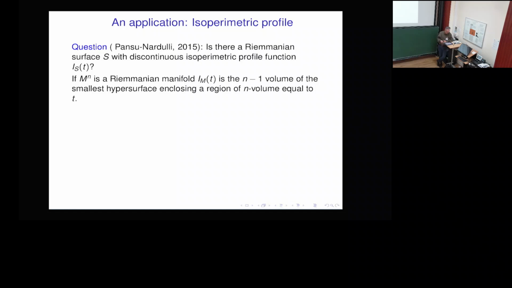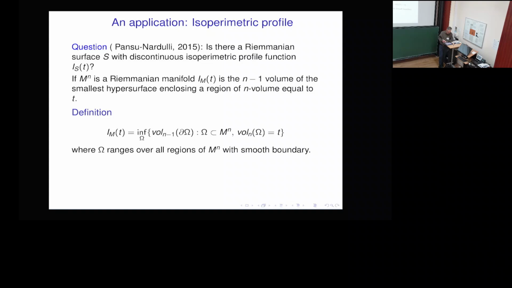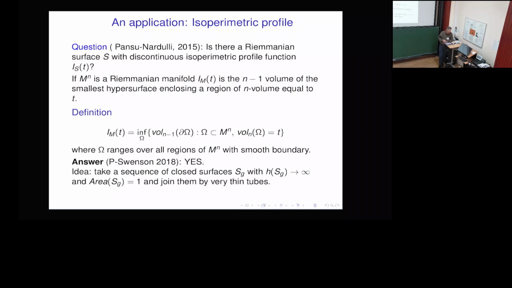It is the n minus 1 volume of the smallest hypersurface that encloses a region of volume exactly equal to t. Okay, this is the isoperimetric profile function, and you can define it for closed manifolds or for other manifolds. For closed manifolds, don't worry, it is continuous. Here I give the formal definition; the question was whether it is continuous for any manifold.